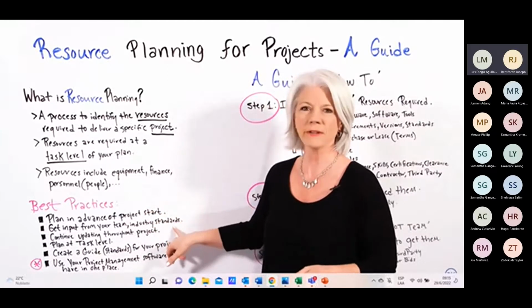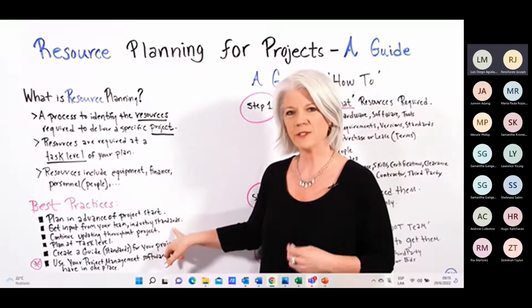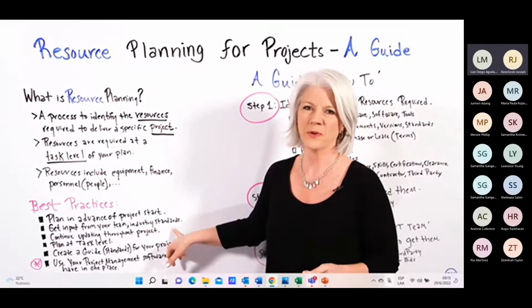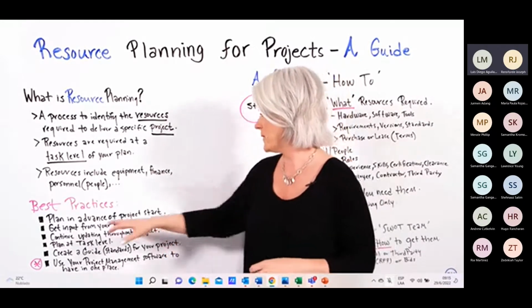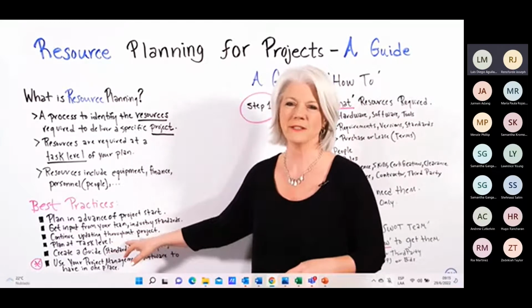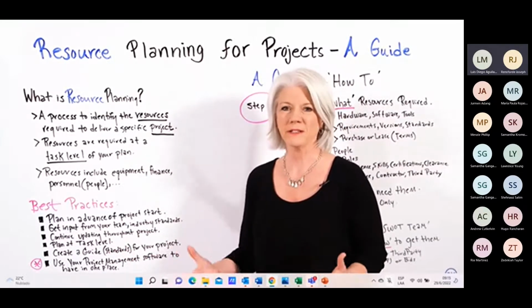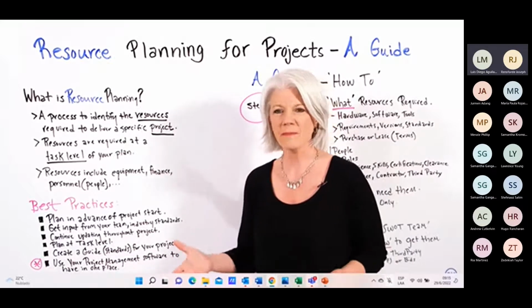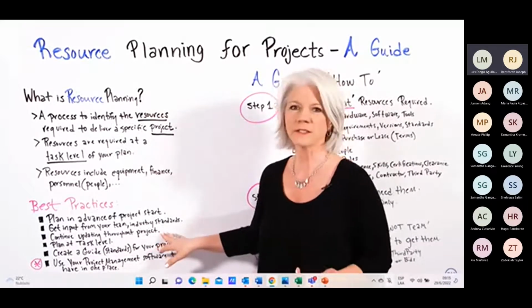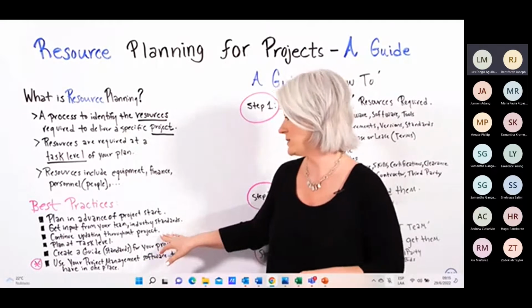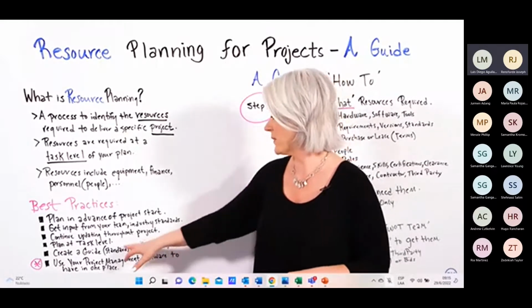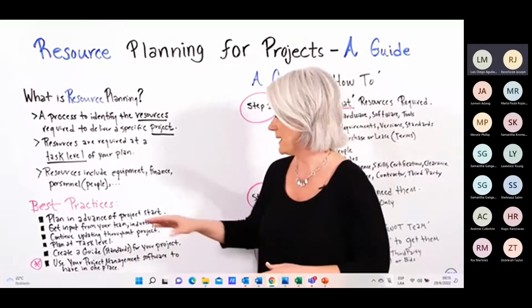You also want to reference your industry standards to ensure that you're meeting all the requirements for your industry. You also want to continue updating this throughout your project. Some projects can span a couple of years, and in that period of time, some standards or requirements may change. You also, again, want to be sure to do this at a task level.